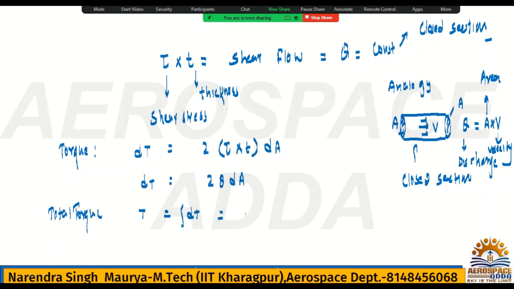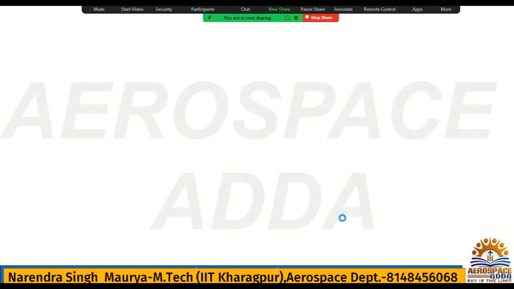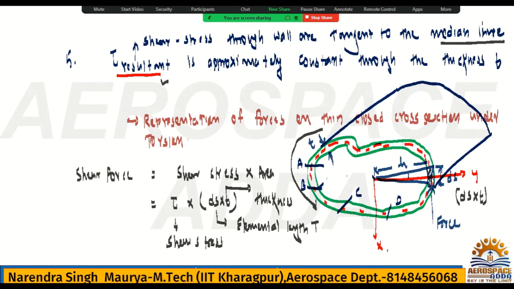Take this small elemental area dA and integrate it, then you will get 2 times the full capital area A into the shear flow Q. So what is this A? This A is nothing but the whole cross section area.